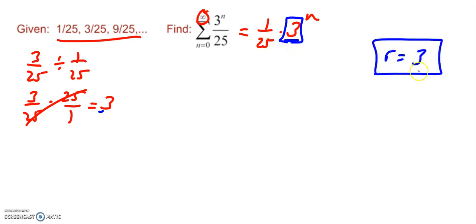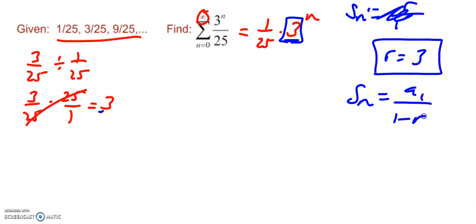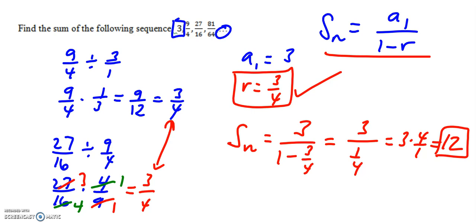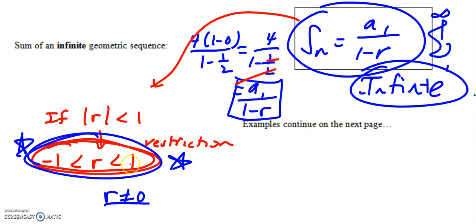So that gives me pause, because if I would like to use this infinite geometric sequence formula, the sum is the first term divided by 1 minus r. The only way I can use this is if r is between -1 and 1.